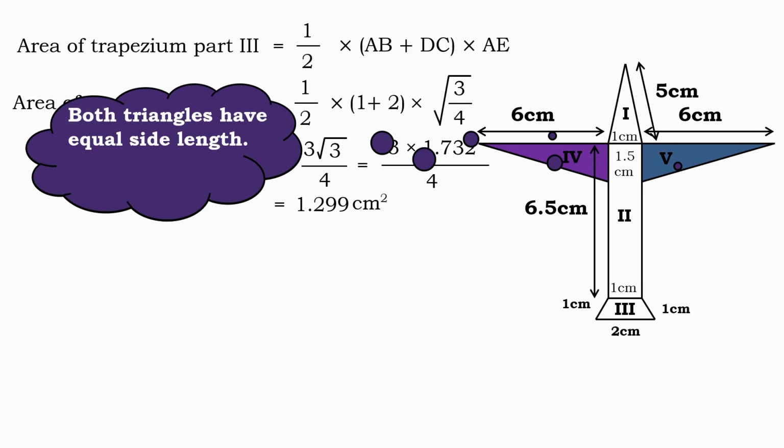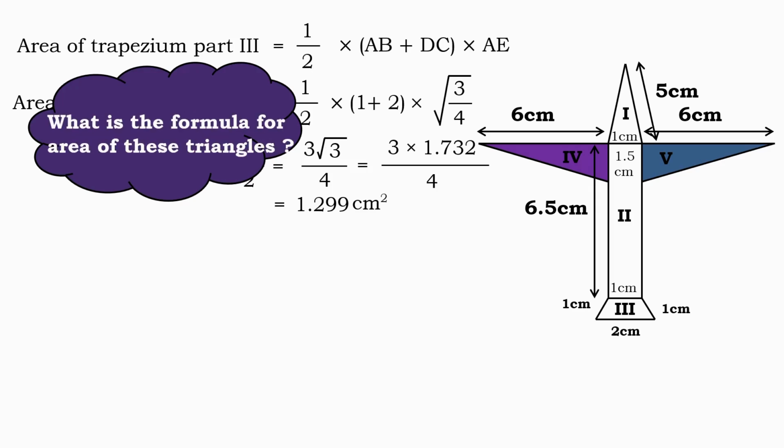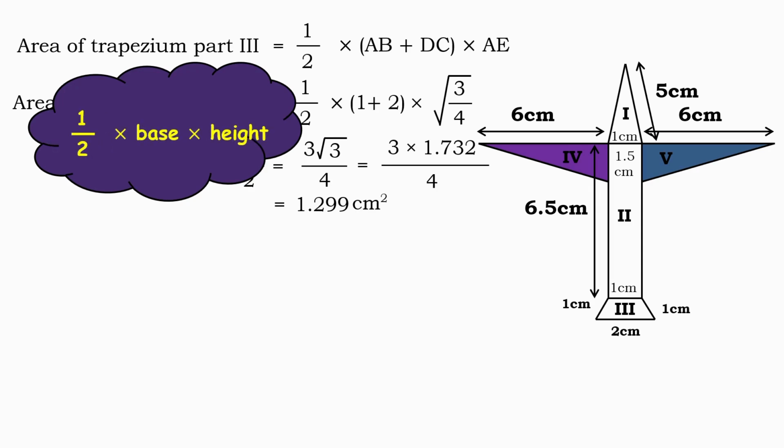Now, if we take a look at triangles 4 and 5, both triangles have equal side lengths, right? So their areas will also be equal. So if we can find the value of one triangle, then the other will be equal to that one. Here both are right angle triangles. So what is the formula for the area of a right angle triangle? That is half into base into height.